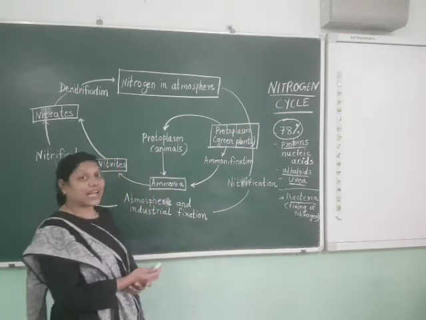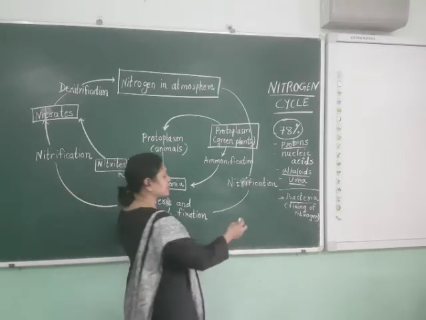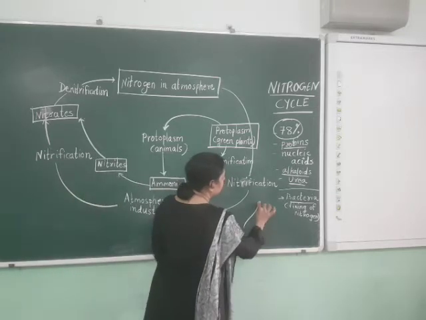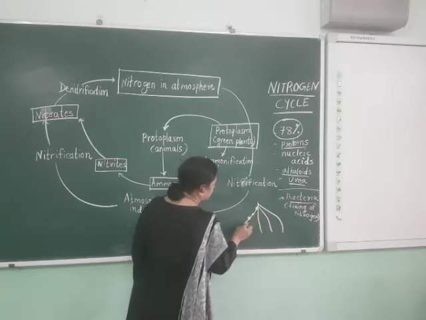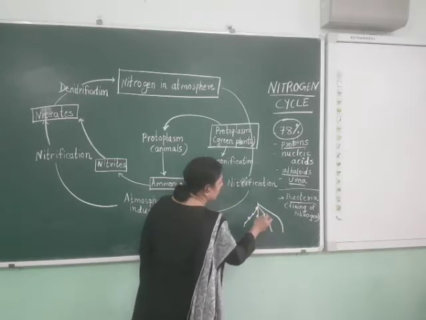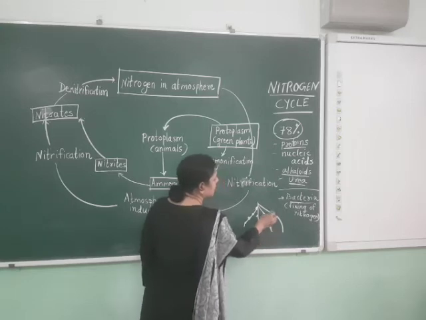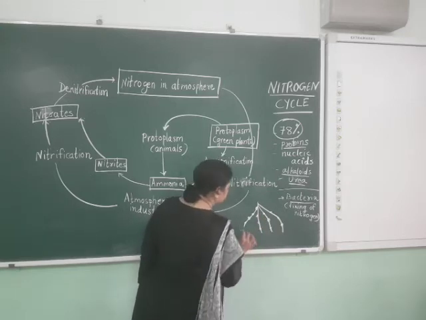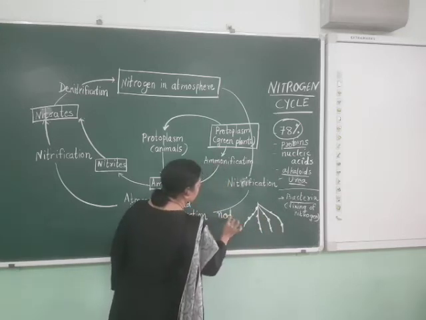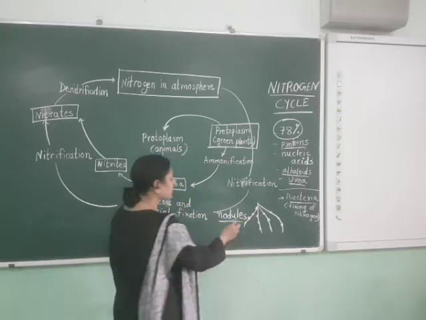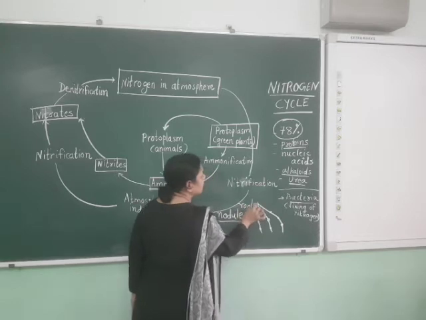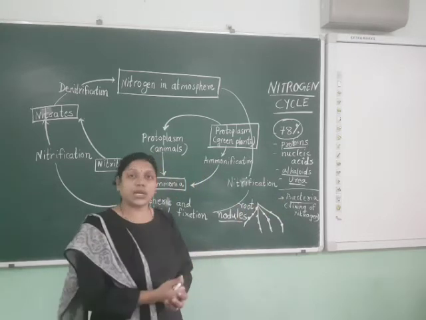When we talk about plants, there is a natural process involving the nodules present in the roots, which are known as root nodules. These root nodules help to fix this nitrogen in the soil.